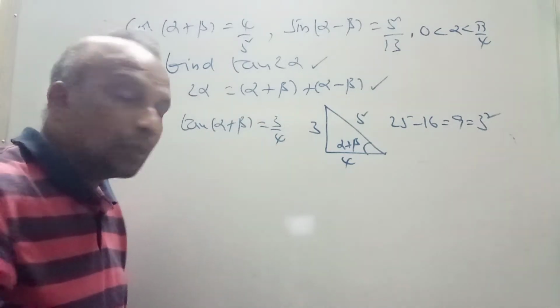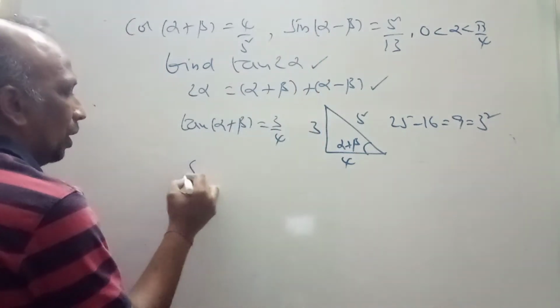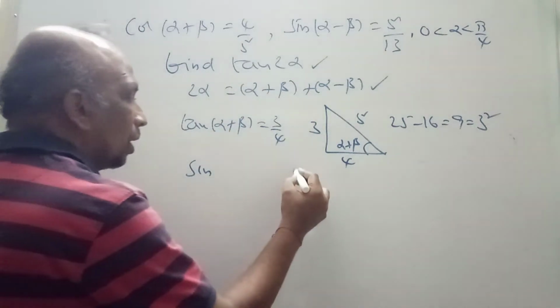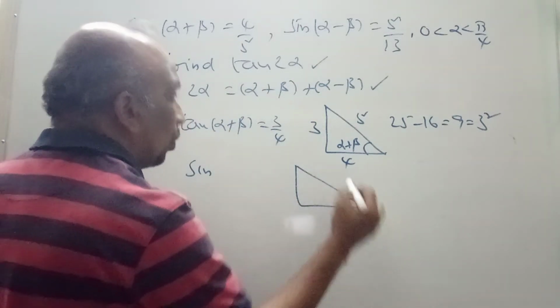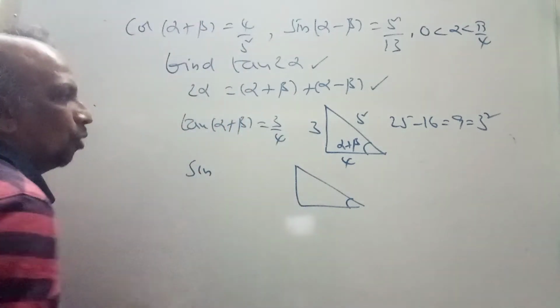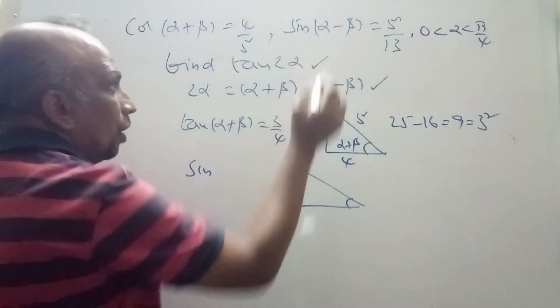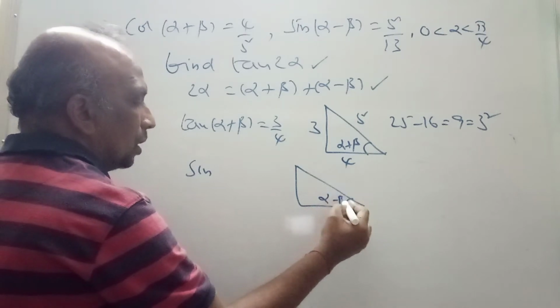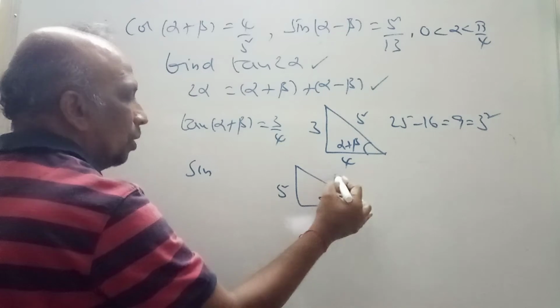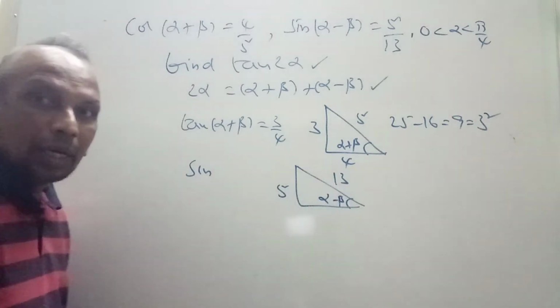Similarly, think about sin of alpha minus beta, which is given. If I take sin of alpha minus beta, let this be alpha minus beta. The given value you can see, this is 5, this is 13. Use Pythagoras theorem.